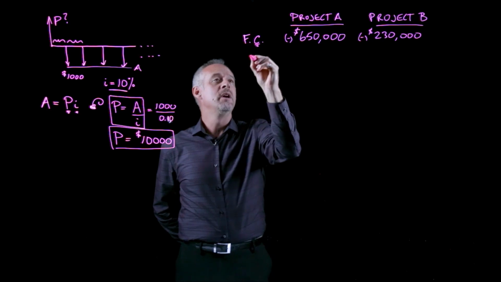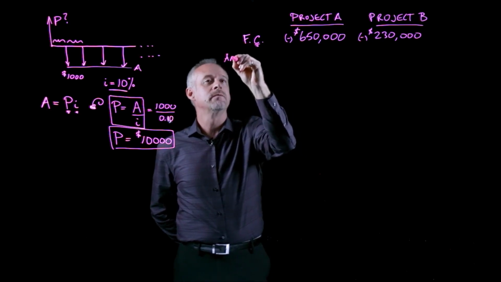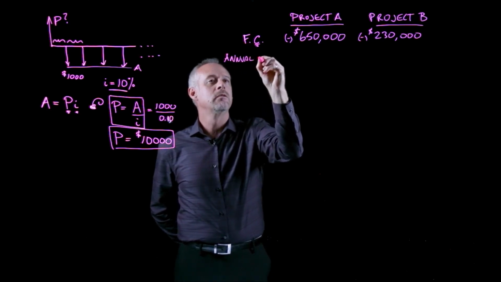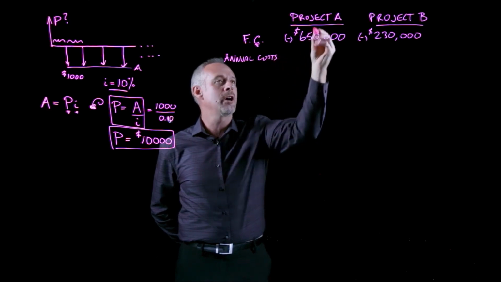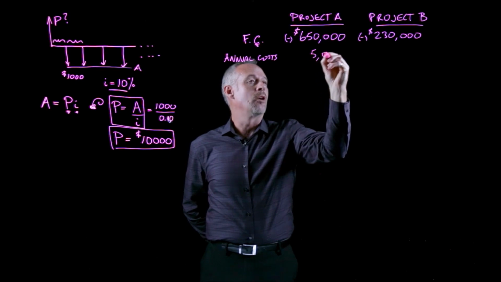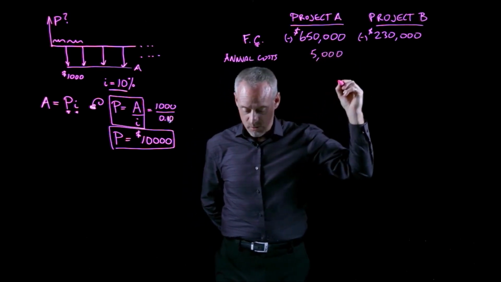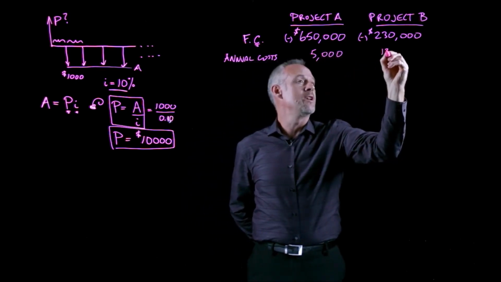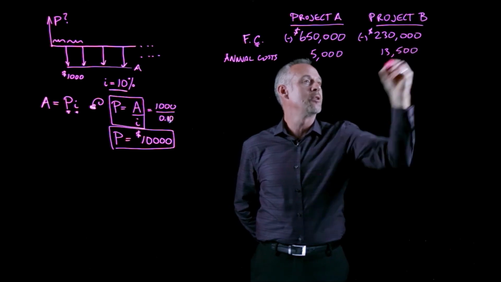We also have some annual costs. And the annual costs associated with project A are $5,000, and the annual costs for project B are $13,500.